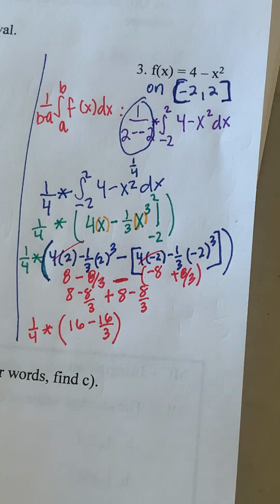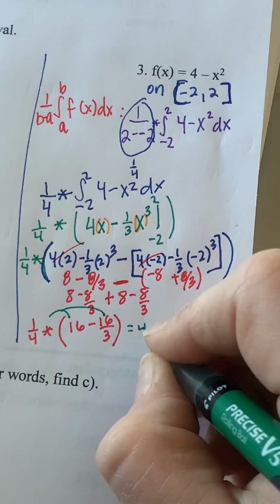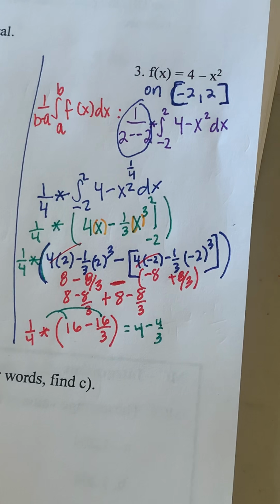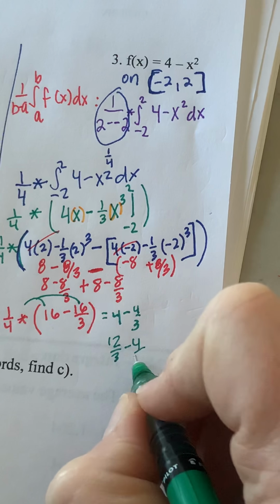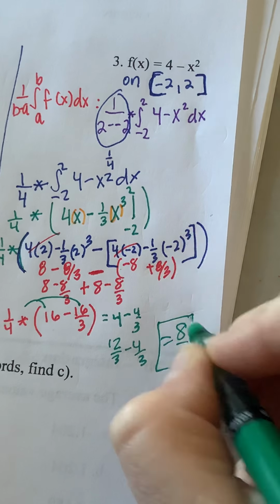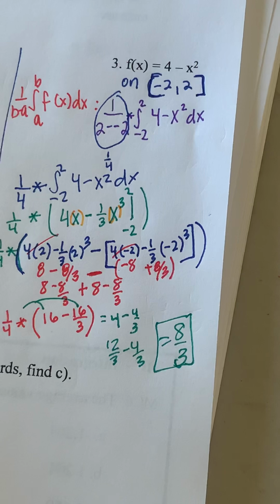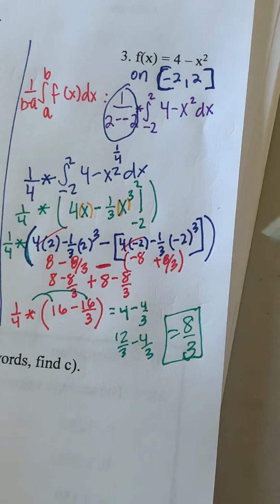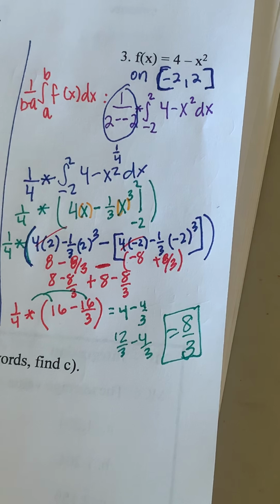So to help me out, I'll distribute the 1/4 here. That'll give me 4 minus 4/3. That's 12/3 minus 4/3, 8/3, okay? We don't want to be putting 2.6666, whatever it ends up being, especially for the next part, you'll see. You want it to be a nice fraction. All right, 8/3.